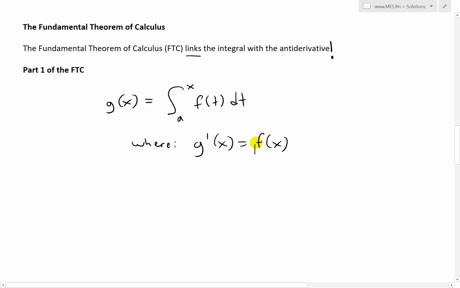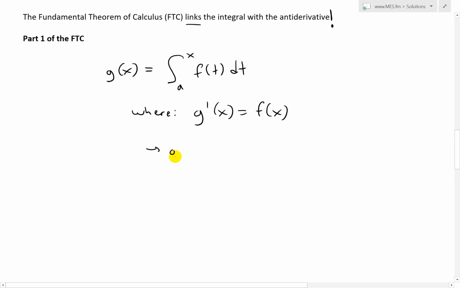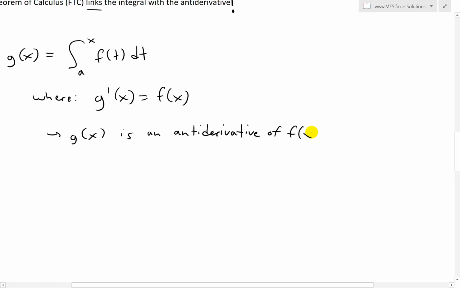In other words, g of x is an antiderivative of f of x. So that is quite remarkable.